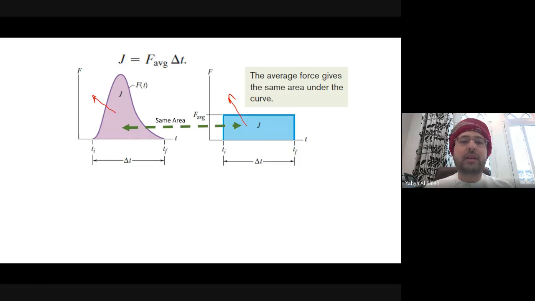So if I take the total J and divide it by the total time, I will get the same number, which is my average force. Just like we had average acceleration, instantaneous acceleration, average velocity, instantaneous velocity, now we also have average force and instantaneous force.